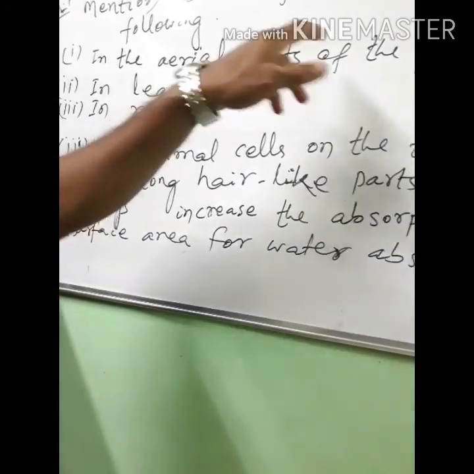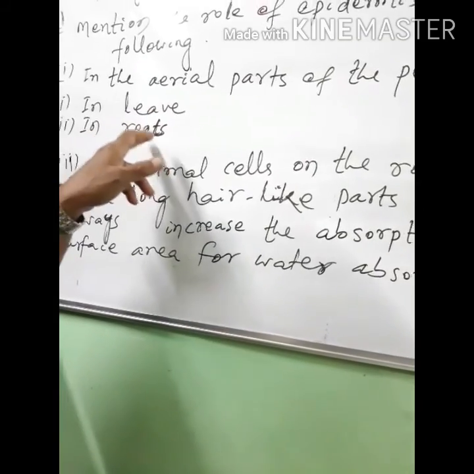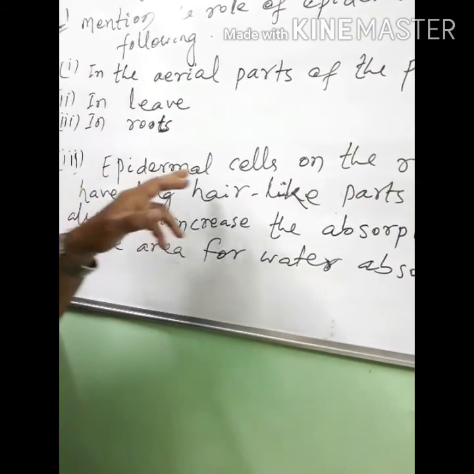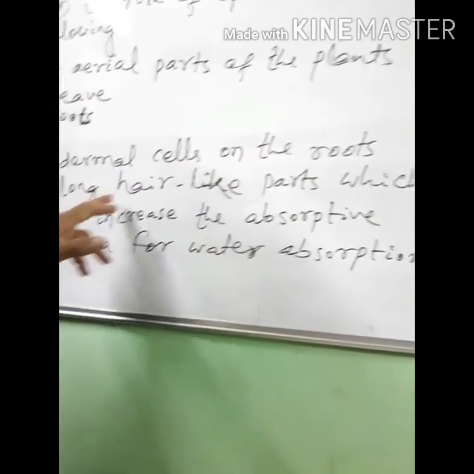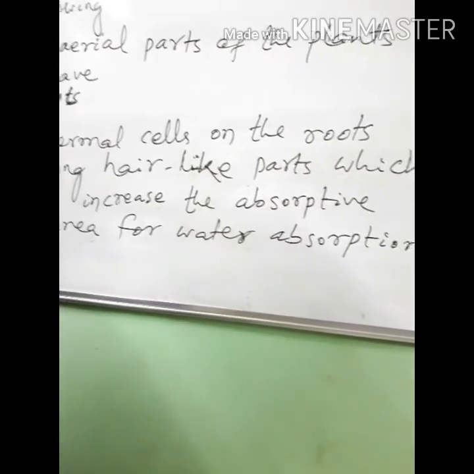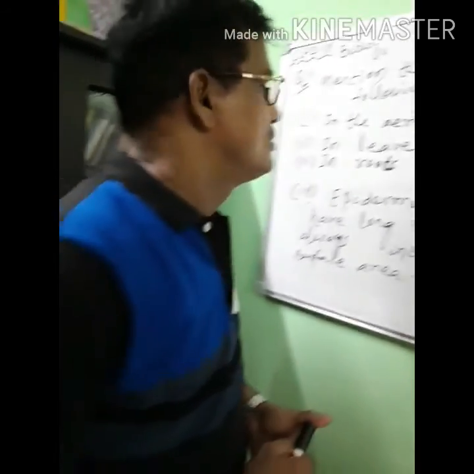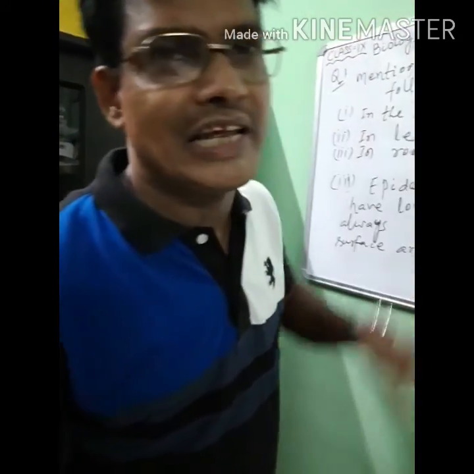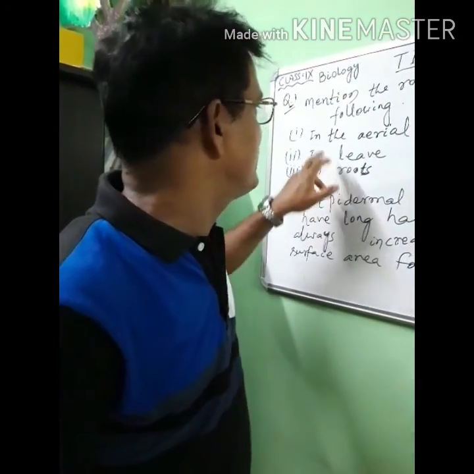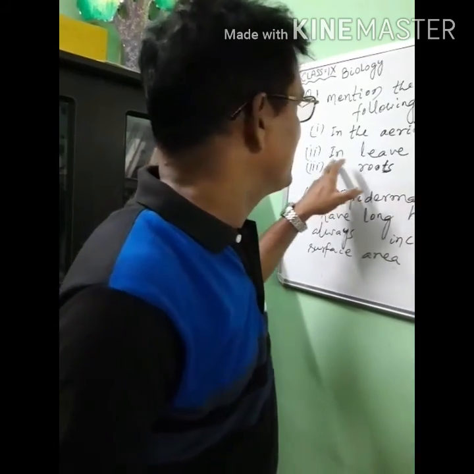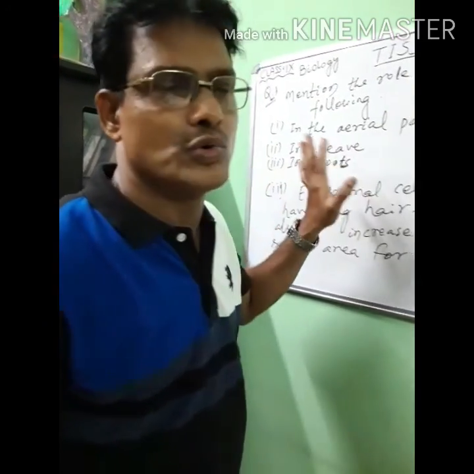So this is the role of epidermis in the roots. Epidermal cells on the roots have long hair-like parts, which always increase the absorptive surface area for water absorption. So these are the roles of epidermis in the aerial parts of the plants, in leaves, in roots.